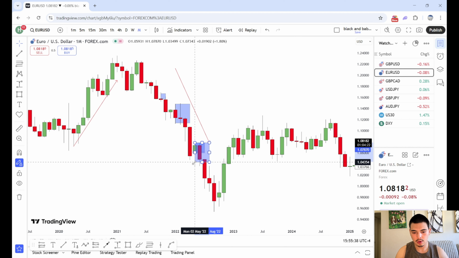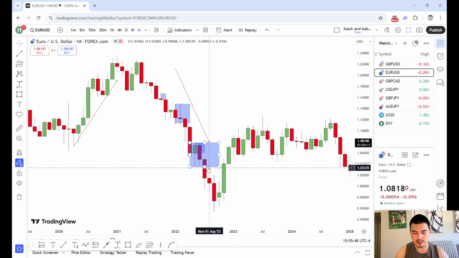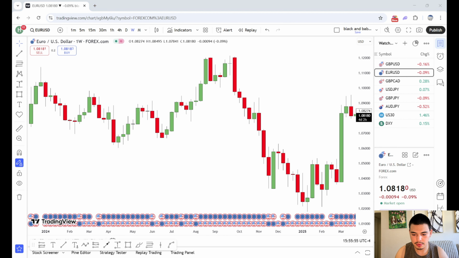That's just one order block candle. Once this candle closes below it, we're on the monthly time frame now, by the way. Look at this one up close candle, price closes below this, and then we tap into that up close candle order block. It's kind of that simple and that easy, if that makes a little bit of sense.